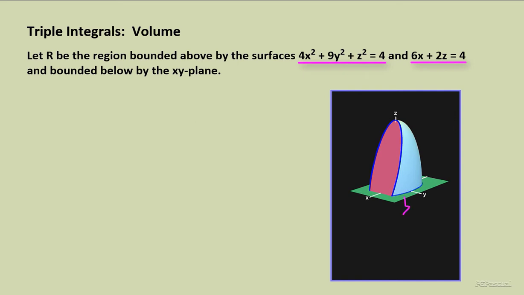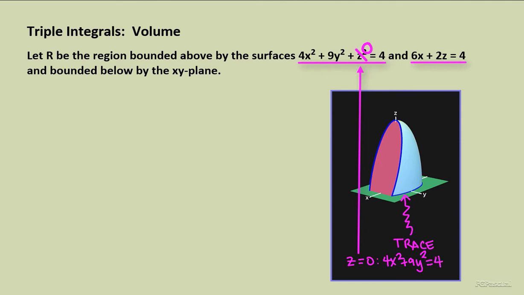We have another blue curve, this time on the xy plane. This second blue curve is the intersection between the ellipsoid and the xy plane. It is sometimes referred to as the trace of the ellipsoid on the xy plane. On the xy plane, z equals 0, and we get the equation of this trace by simply setting z equals 0 in the ellipsoid equation.